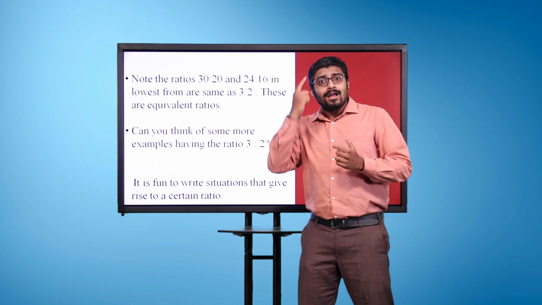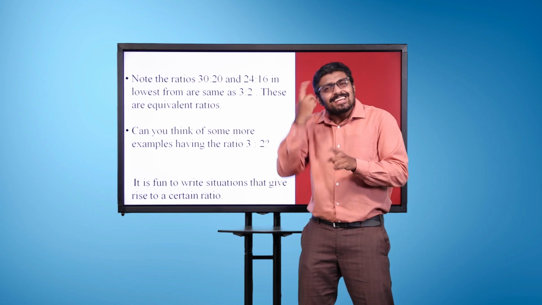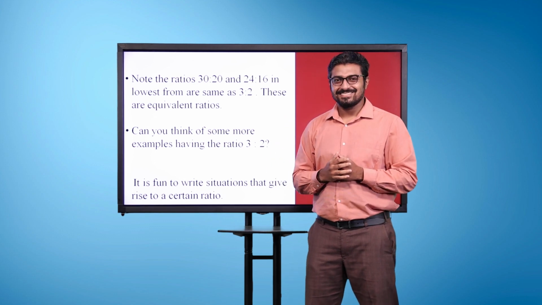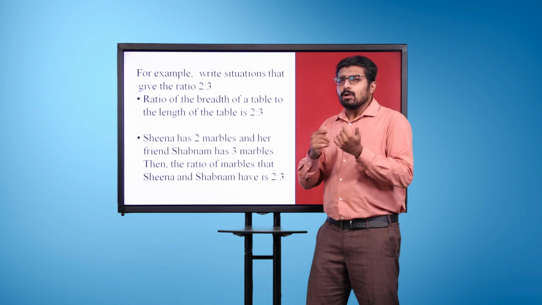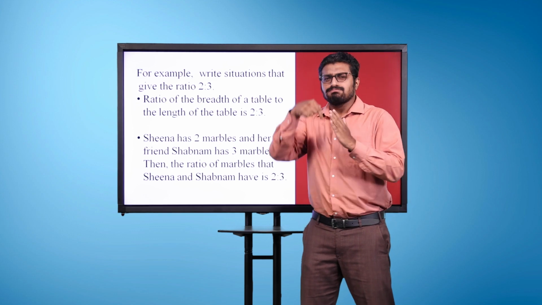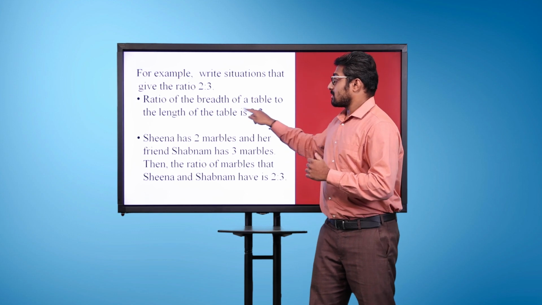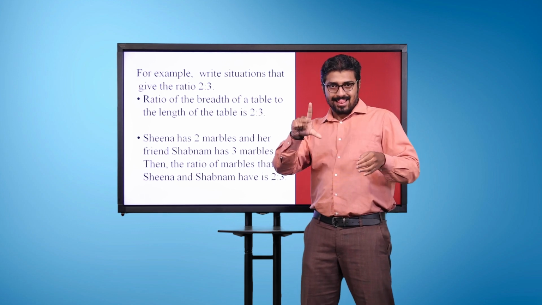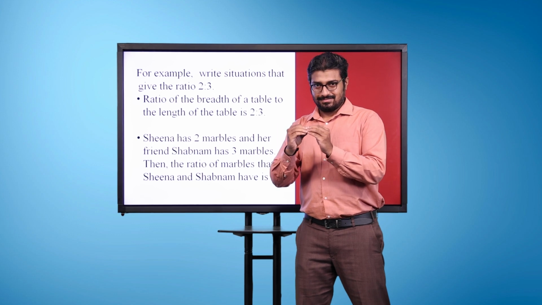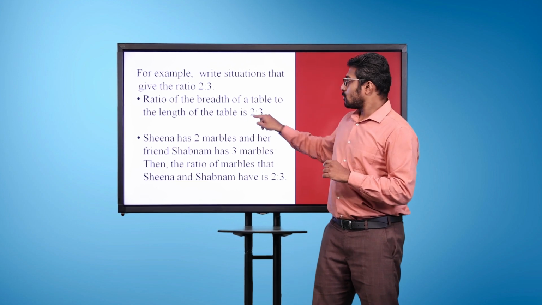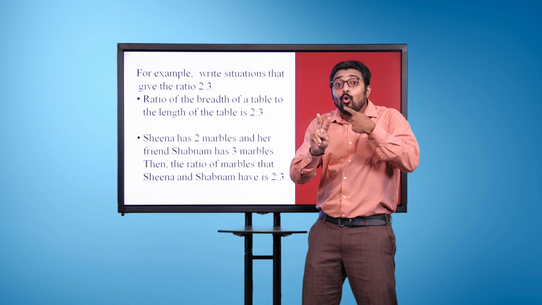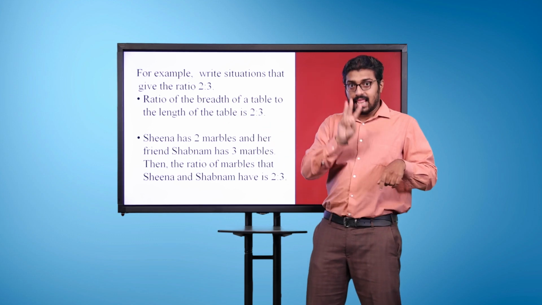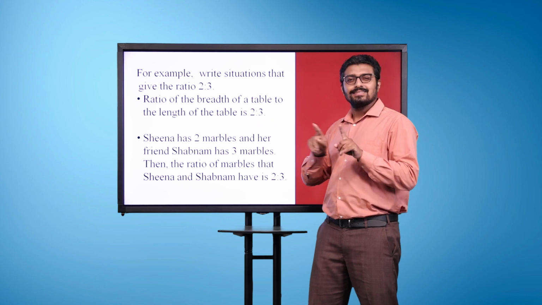It is fun to write situations that give rise to a certain ratio. For example, write situations that give the ratio 2:3. Ratio of the breadth of a table to the length of the table is 2:3.